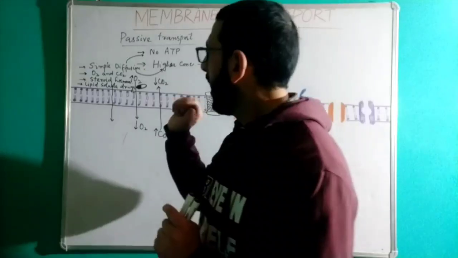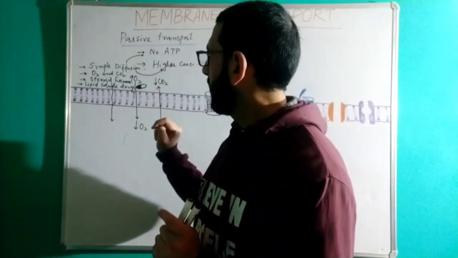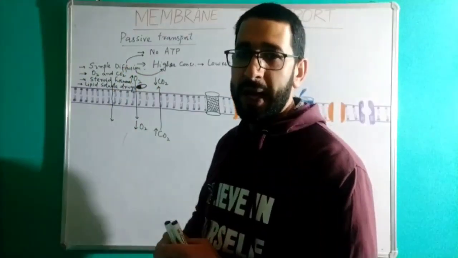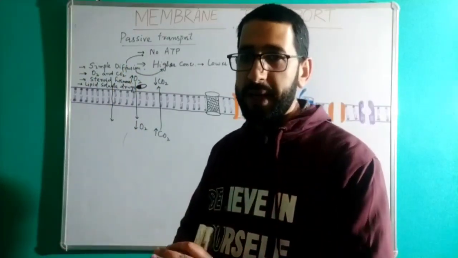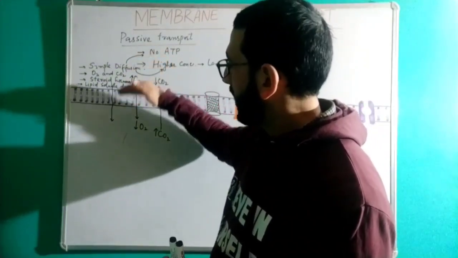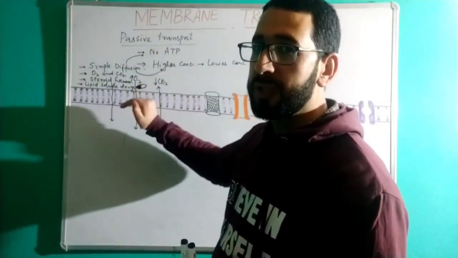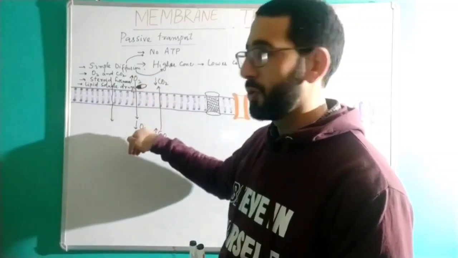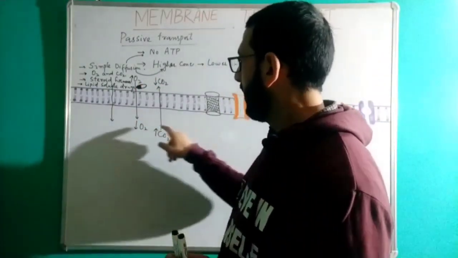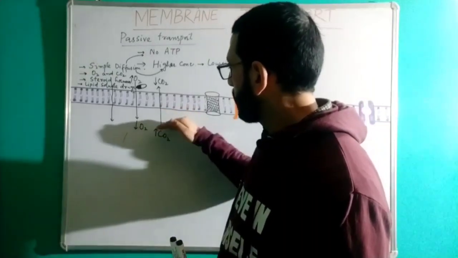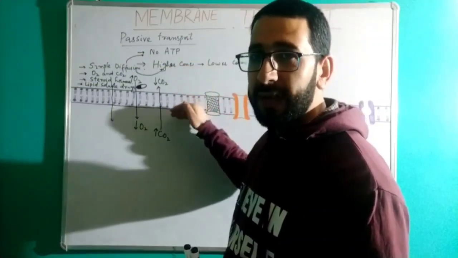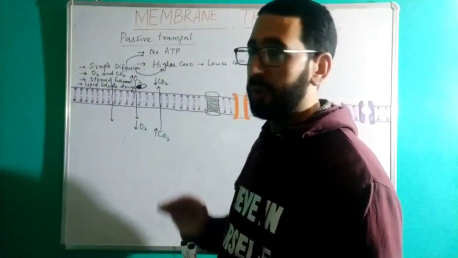The first thing which is transported by means of simple diffusion is oxygen and carbon dioxide, the respiratory gases. Oxygen is transported from outside to inside, from higher to lower concentration. And second is carbon dioxide, which is produced inside the cell, and that is also transported by simple diffusion, again from higher concentration to lower concentration.